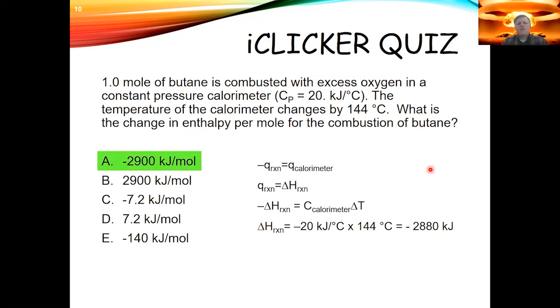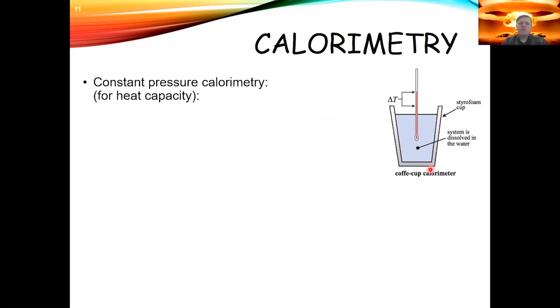All right, now you might not have noticed it, but we actually talked about 2 types of calorimeters. We talked about this open calorimeter, right? One where the lid is not on this. So this is what we call a constant pressure calorimeter. Because if I change the pressure, it's free to escape out the top.